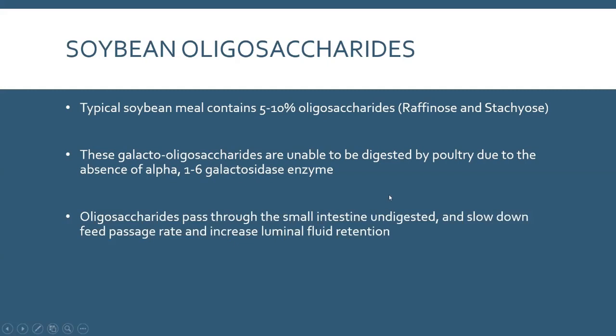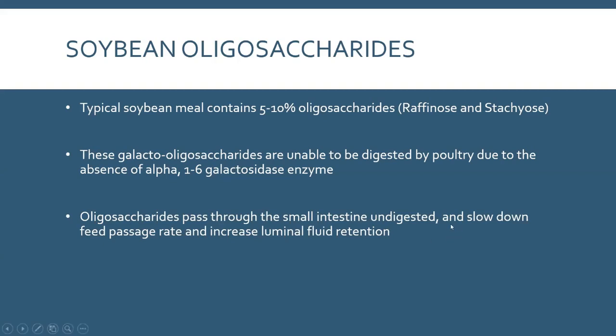These oligosaccharides pass through the small intestine undigested. And what we know about the undigested feed or protein is that it slows down the feed passage rate, increases luminal fluid retention, and eventually would encourage growth of pathogenic microorganisms.